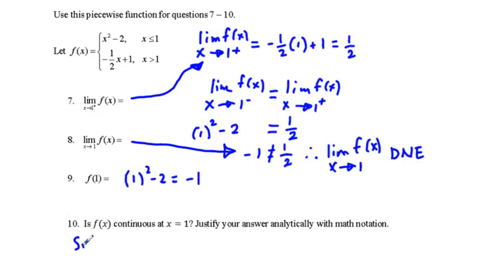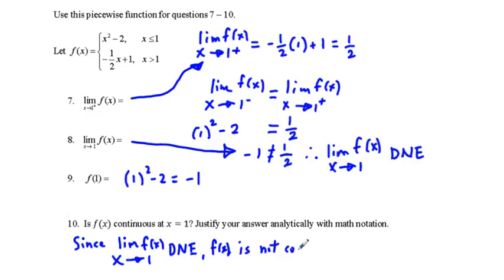Okay, since the limit as x approaches 1 of f of x does not exist, f of x is not continuous at x equals 1.